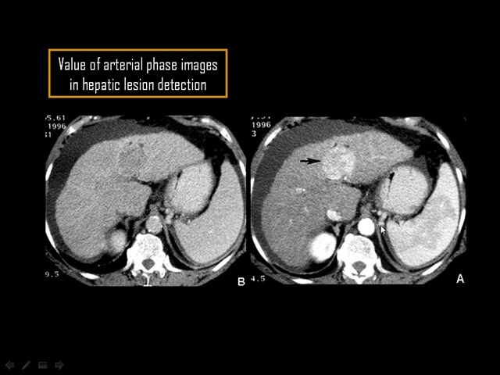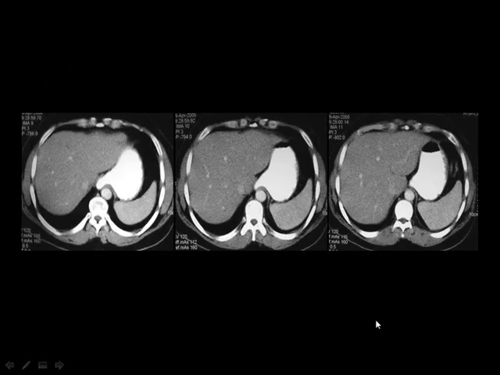Then this is the arterial phase, and this is the delayed phase. Look at this lesion, which is hardly seen in this study, but is well seen in the arterial phase. That's why you should obtain this arterial phase in order to accurately diagnose any hepatic focal lesion or diffuse pathology.